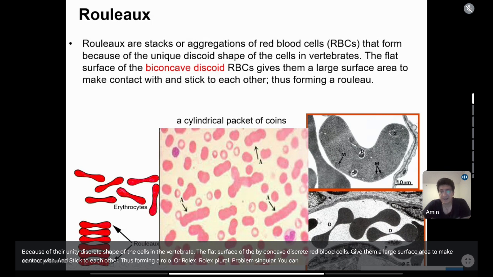You can see here the Rouleaux view, the same as a cylindrical packet of coins, like this.